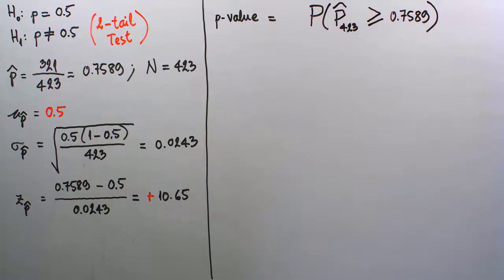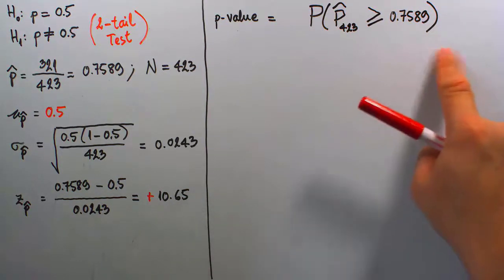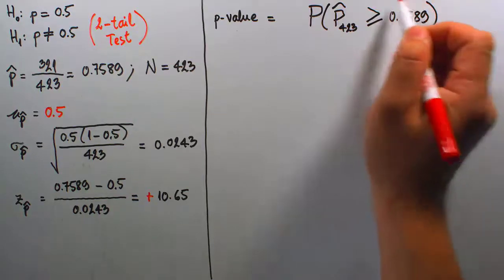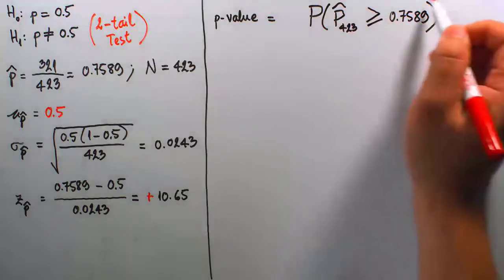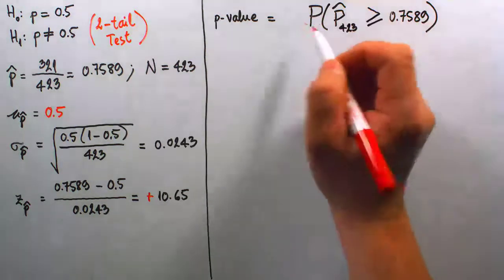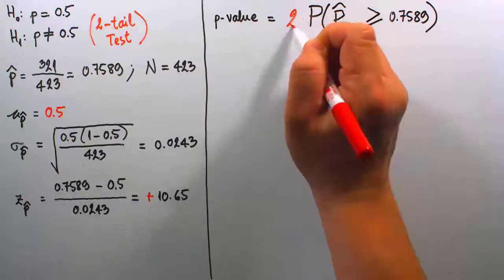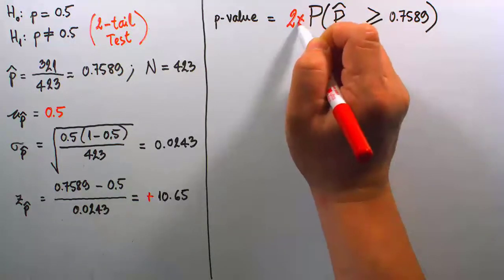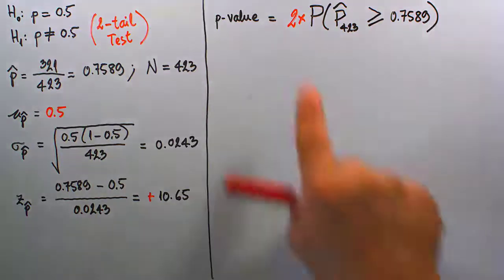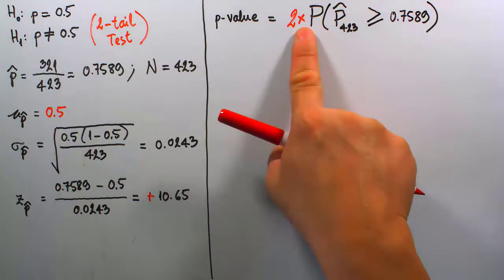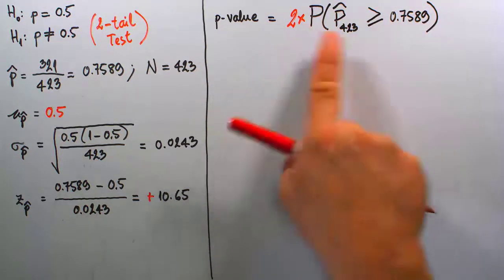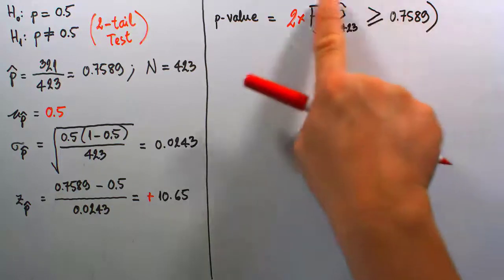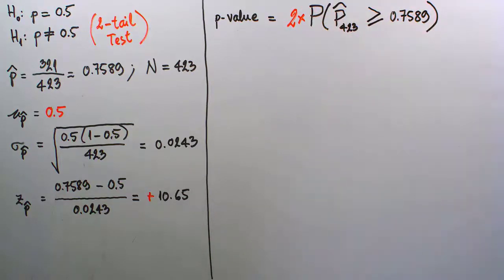So how can we make it a two-tailed test from currently being a right-tailed test? Whatever comes out from this probability, which we will eventually find, we need to multiply that probability value by 2. So 2 times, this is my multiplication sign here, 2 times the probability coming out from this statement.